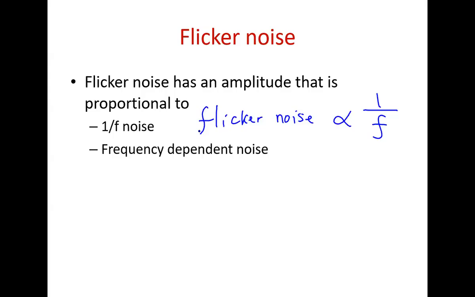We're talking about flicker noise. So when do you expect to see a lot of flicker noise? At very low frequencies. And when do we encounter low frequencies? What are these low frequencies that we are talking about?